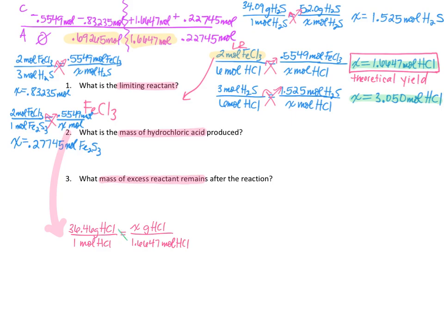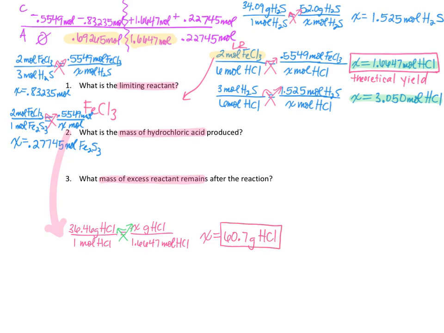Okay, here, cross multiply and divide. We're going to want to round this to 3 significant figures in the end. So we're going to wind up with 60.7 grams of HCl that are going to be produced in this reaction.